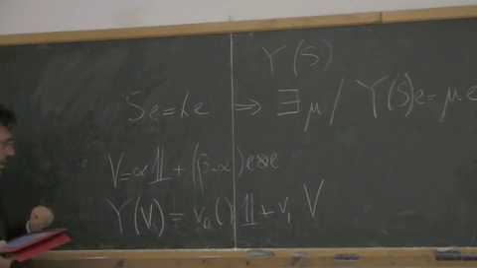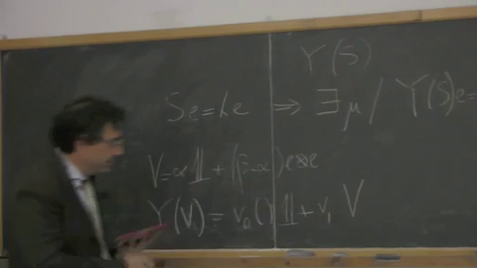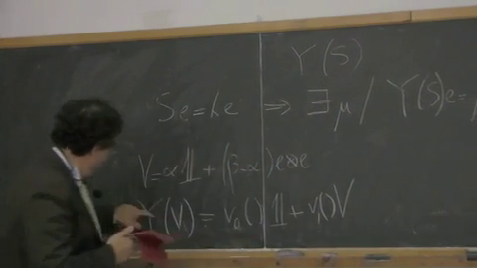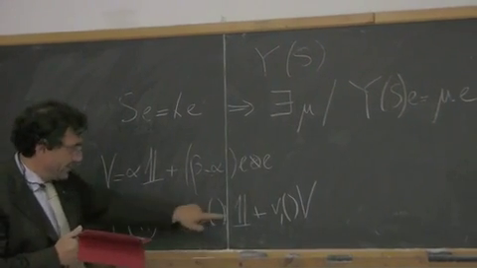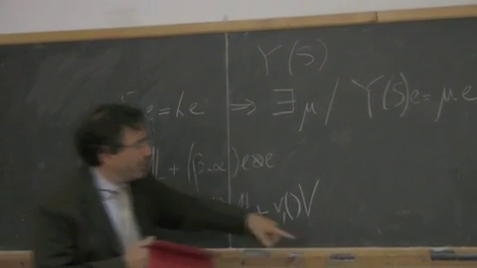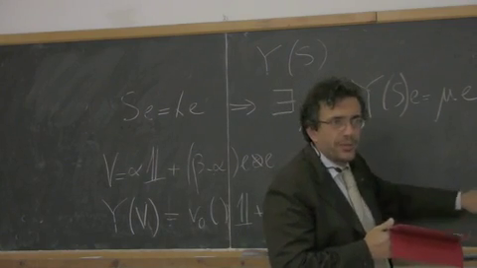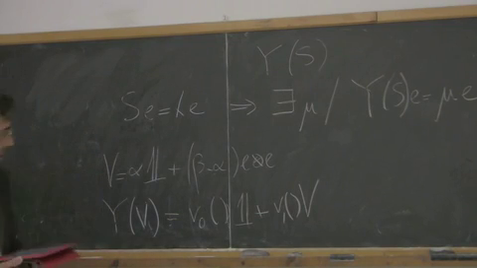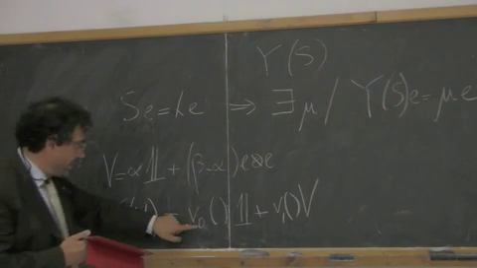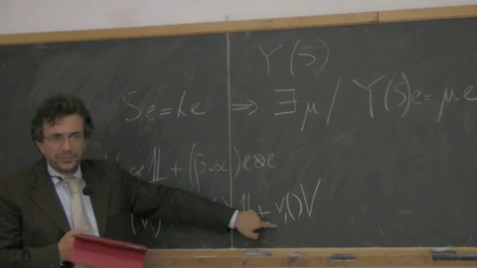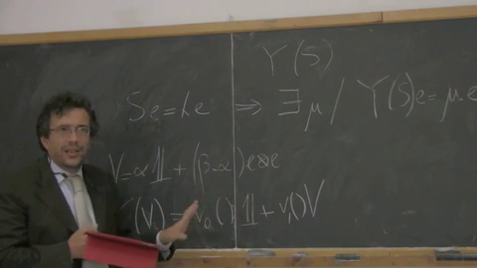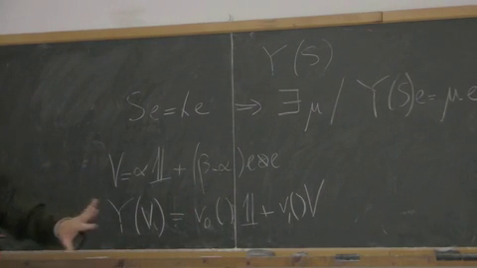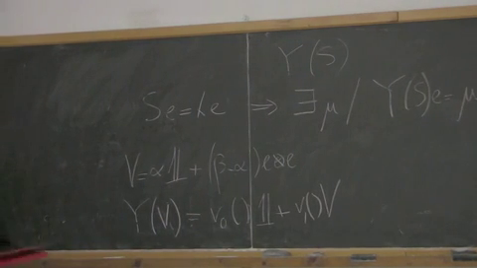Okay? So I'm doing things too quickly. So Y of V is of this form, which is a particular case of this form. However, I'm keeping aside the problem of the dependence of V0 and V1 on the invariants of V. We will treat this problem at the end. Okay?